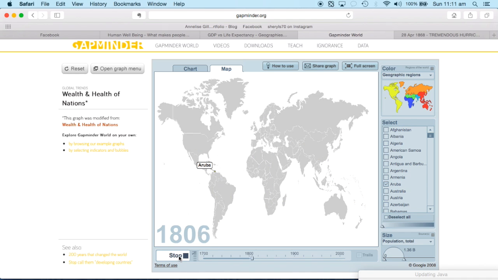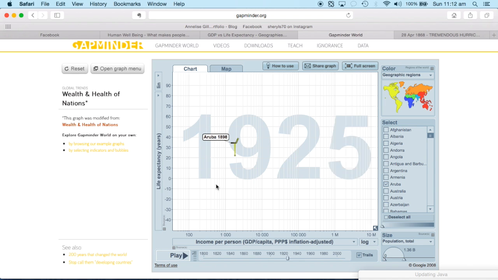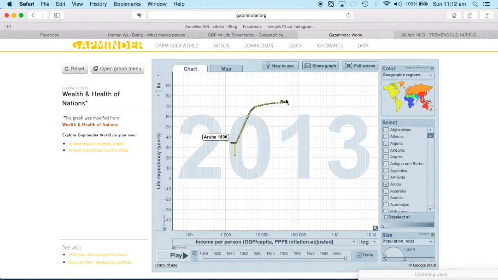And I don't think this is going to work on the map. But if we go back to the chart, once again, Togo had this drop in 1918 and then pretty standard growth in life expectancy.